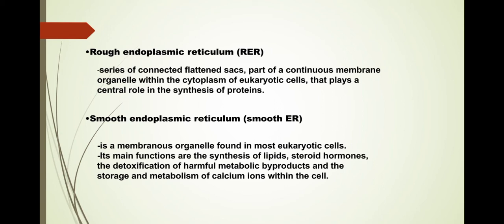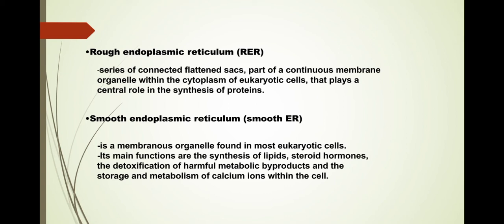The smooth ER is a membranous organelle found in most eukaryotic cells. Its main functions are the synthesis of lipids and steroid hormones, the detoxification of harmful metabolic byproducts, and the storage and metabolism of calcium ions within the cell.